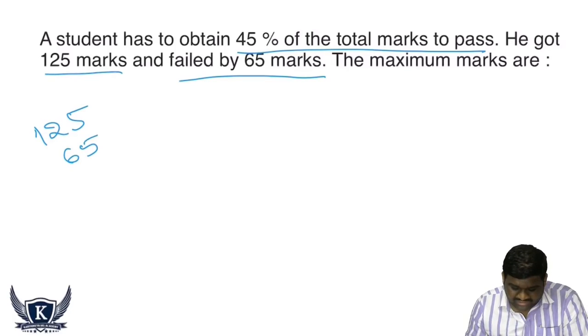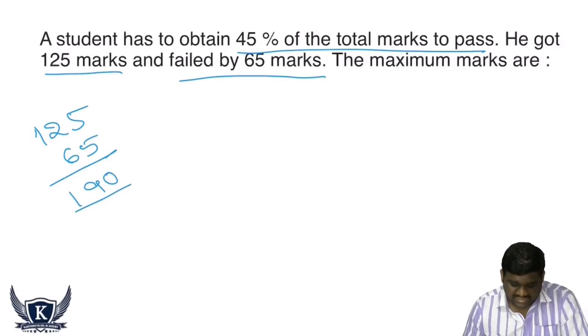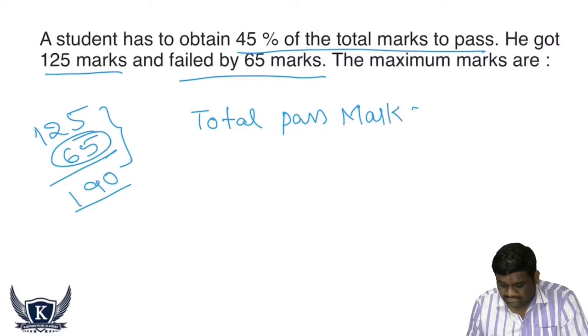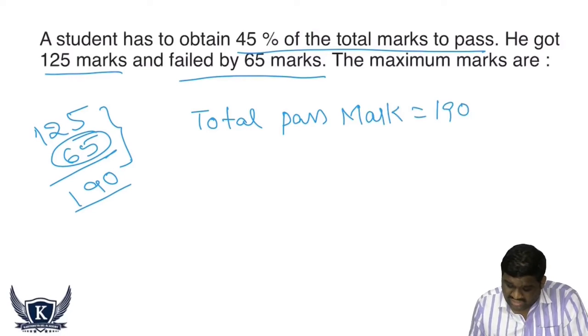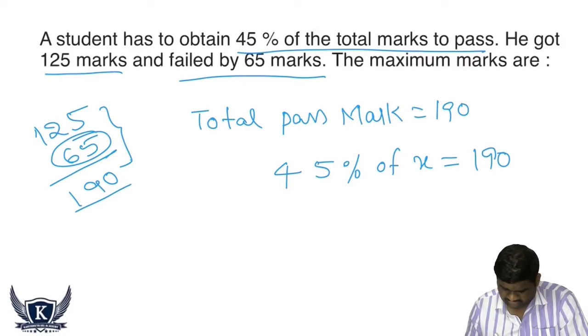So the pass mark will be 190 marks. Am I clear? Now, this 190 is treated as 45% because 45% of some x is equal to 190. What is x? That is the question.